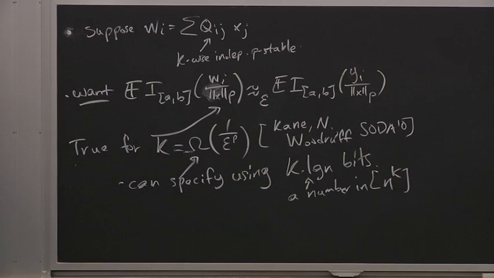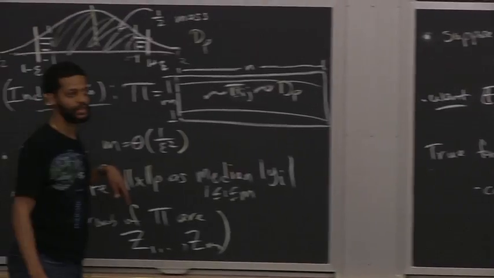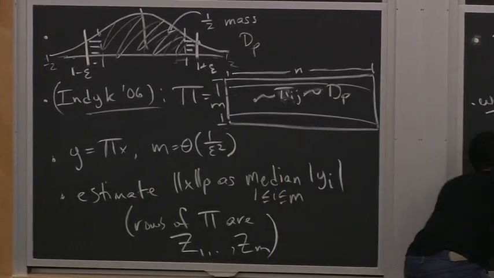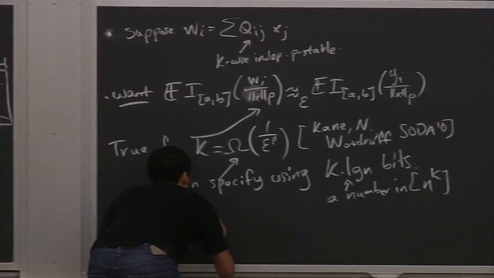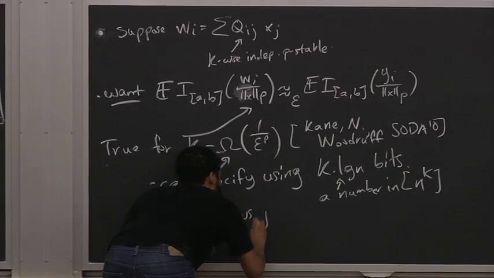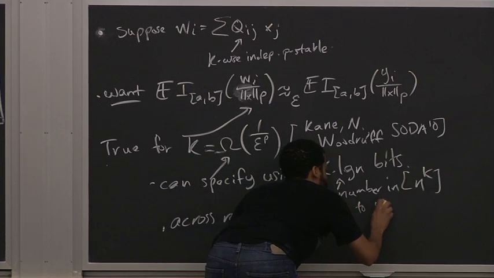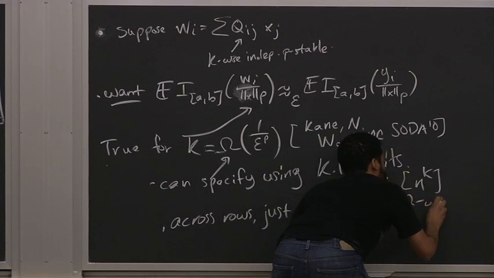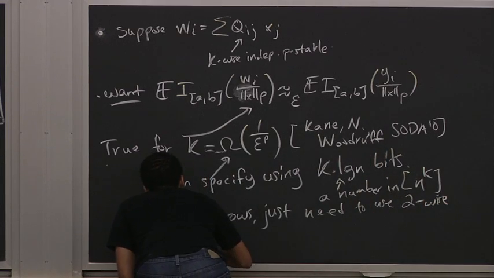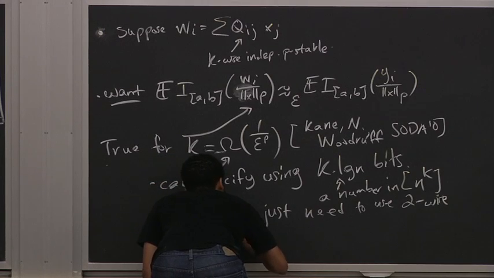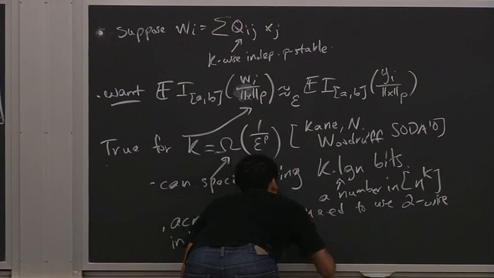And what I'm saying is that the seed across different rows only needs to be pairwise independent. So what we actually want is, across rows, we just need to use a pairwise independent hash function h, which maps a row into one of these numbers.